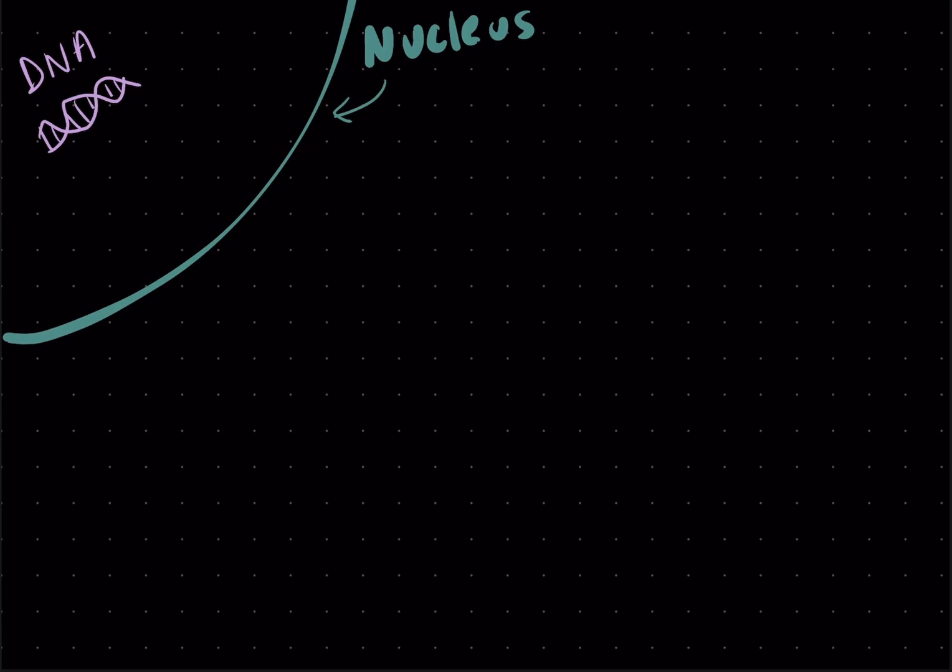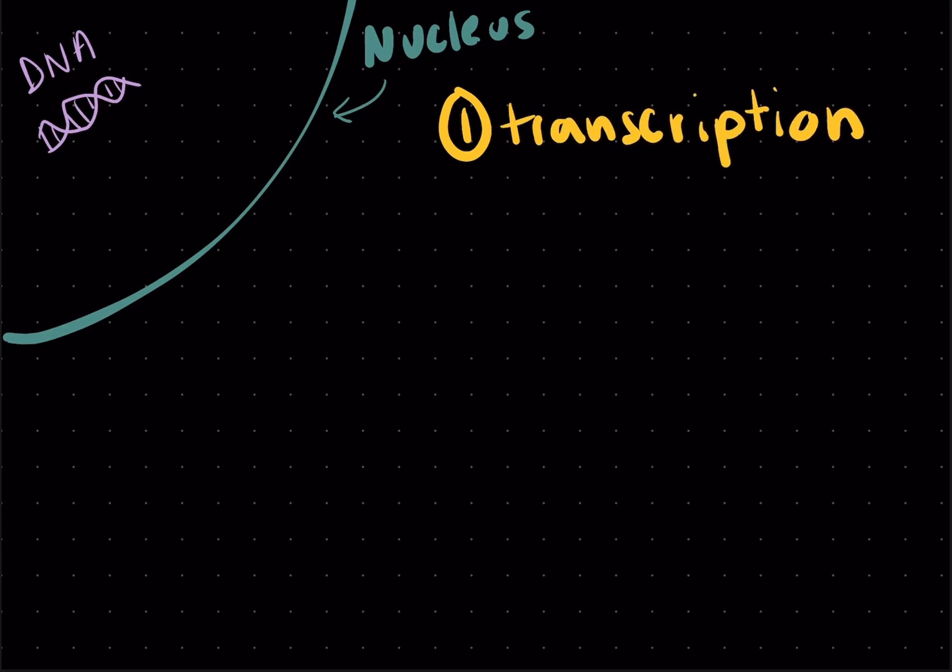And that's where step one of protein synthesis comes in. Step one is called transcription. And it involves a RNA molecule called mRNA. M stands for messenger, because this mRNA is going to get the information from the DNA strand, and then it's going to take it outside the nucleus.